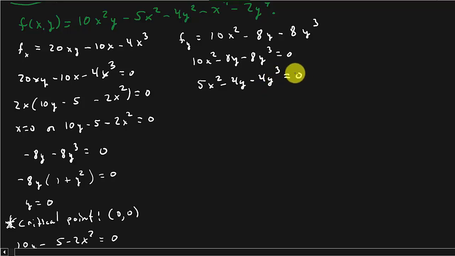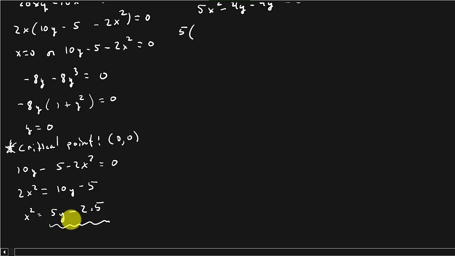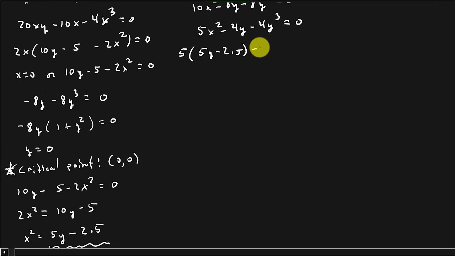I'm going to divide everything by 2 just to get the numbers smaller. And so now I have 5 times, and I'm going to put this in the place of that. I get 5y minus 2.5 minus 4y minus 4y cubed.